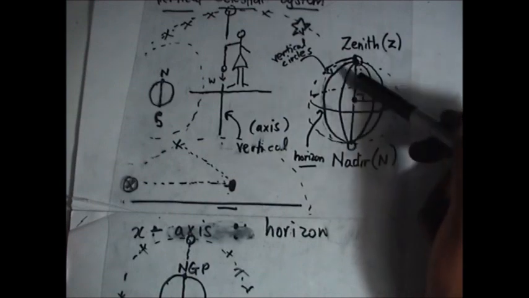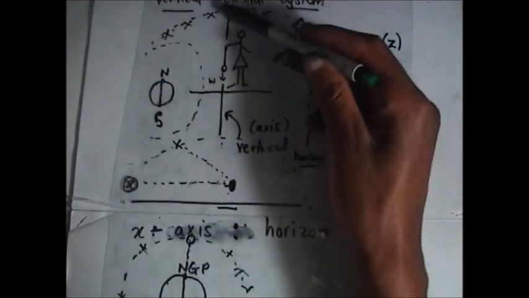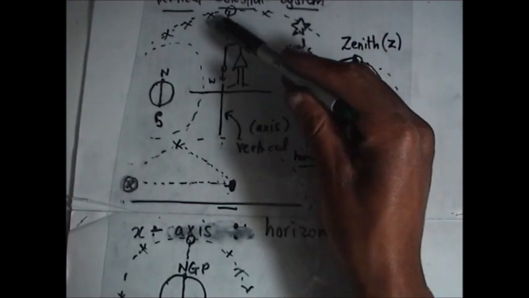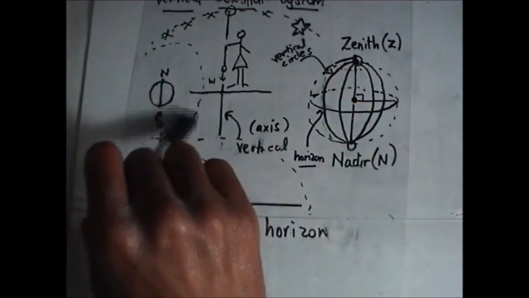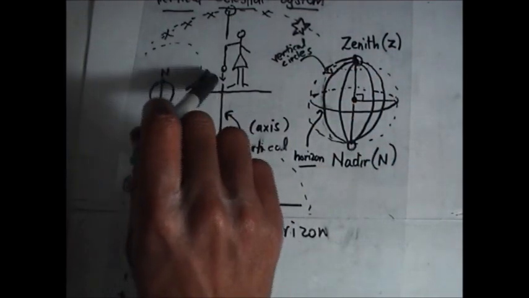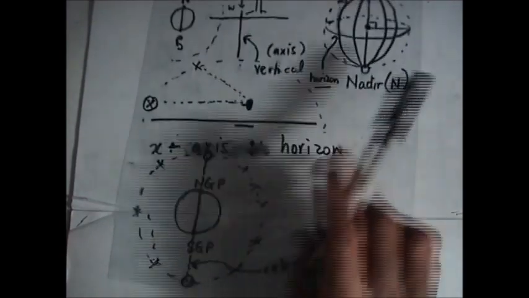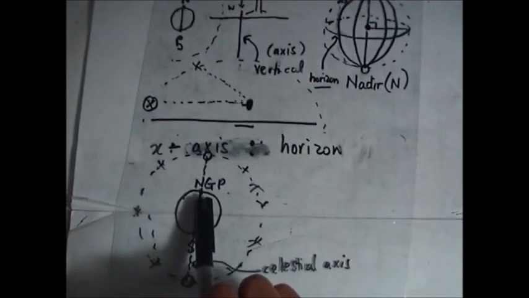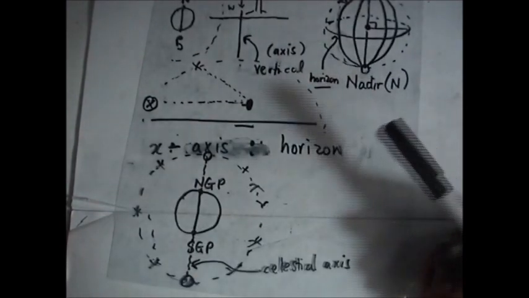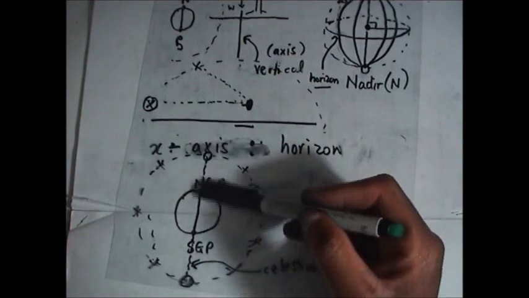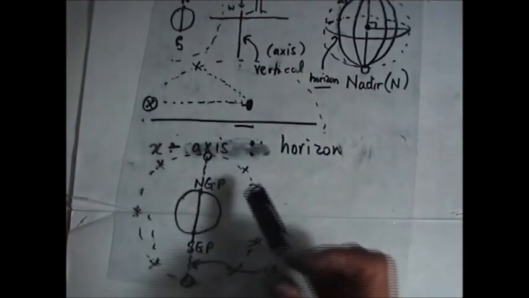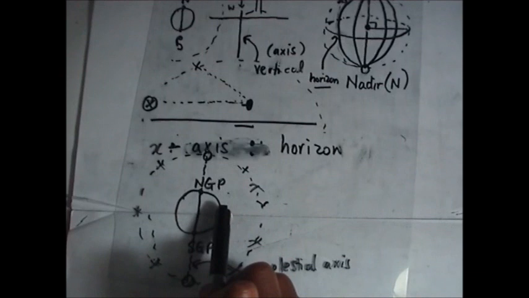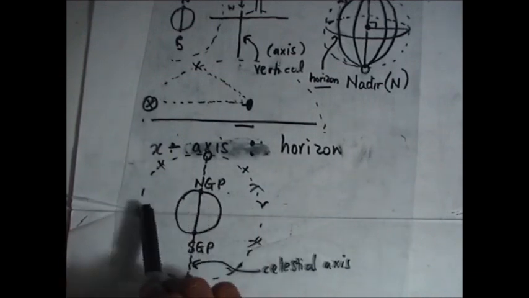The observer will always extend it vertically from where he or she is. If the person is standing on the geographical pole, well and fine, they're going to extend their vertical the same way. But if they're standing at the equator, like at this point, their vertical will be like this. It is totally different from the celestial axis.